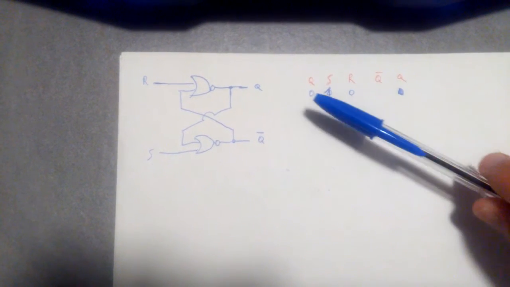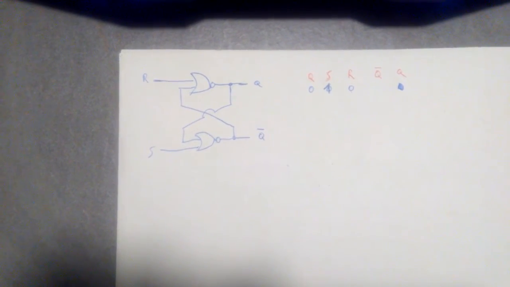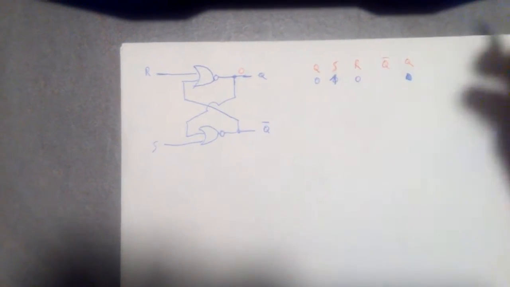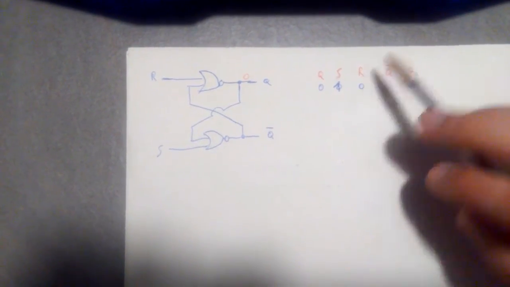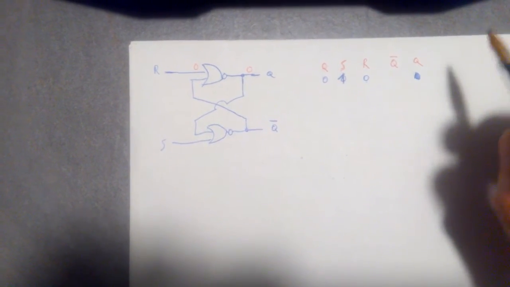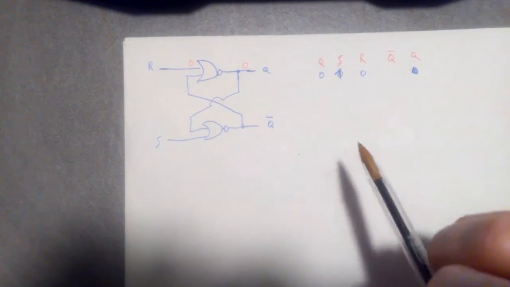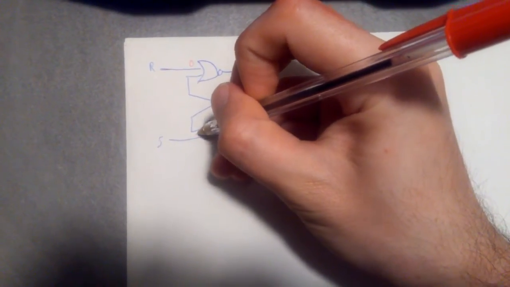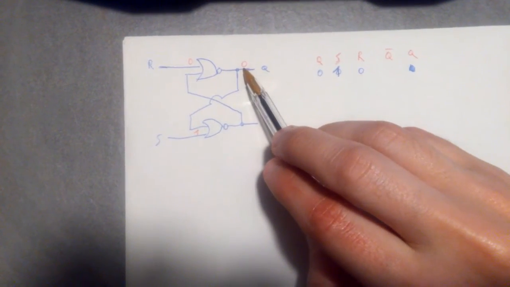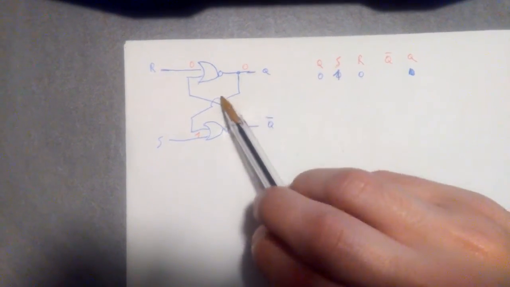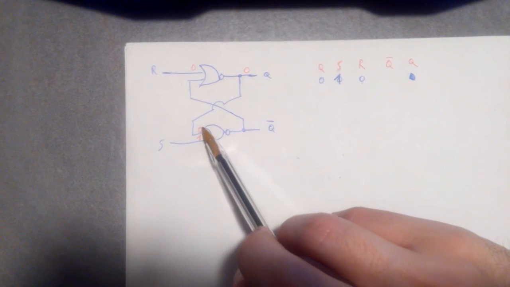So if we start like this, what do we have? Well, we know that Q is 0. We know we have the reset, which is set to 0, so 0 here. We know that set is actually set to 1. So this 0 here, which we got from the former state, is actually here. So what do we get? Well, we get 1 and 0.